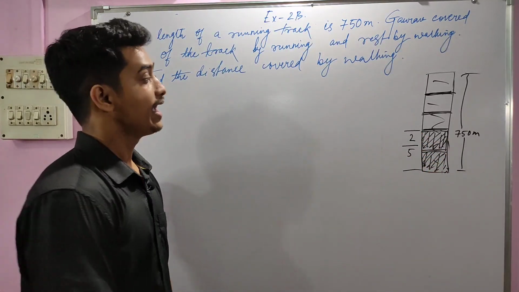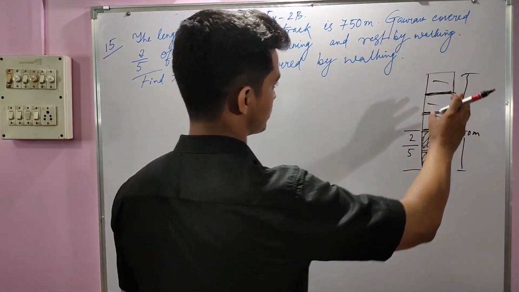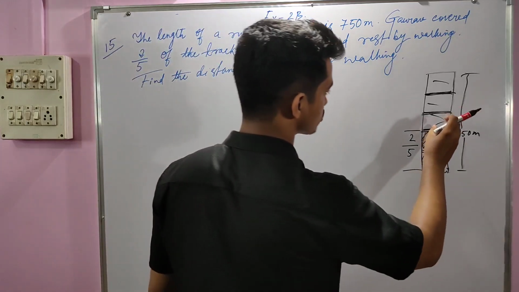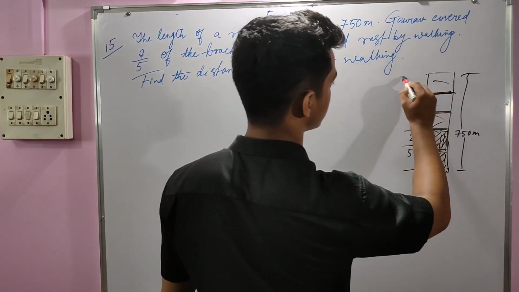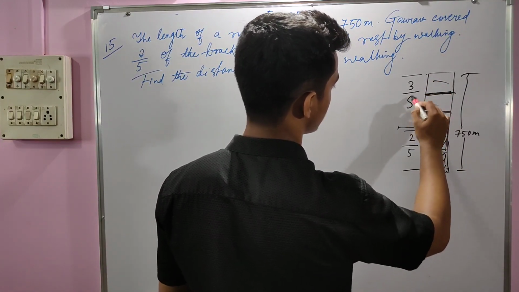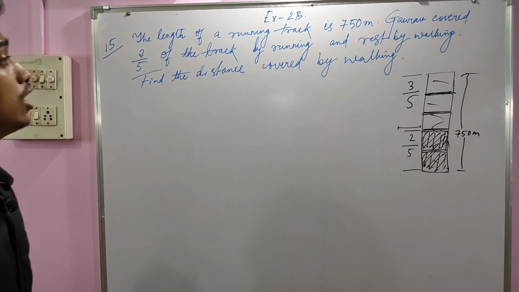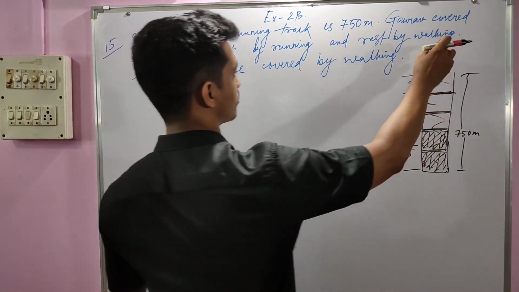And the rest which remains, how many portions are remaining? 1, 2, 3. So that means 3 by 5 is remaining, and he covered that 3 by 5 distance by walking.